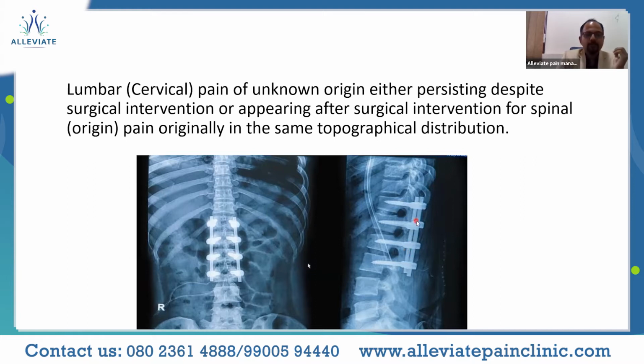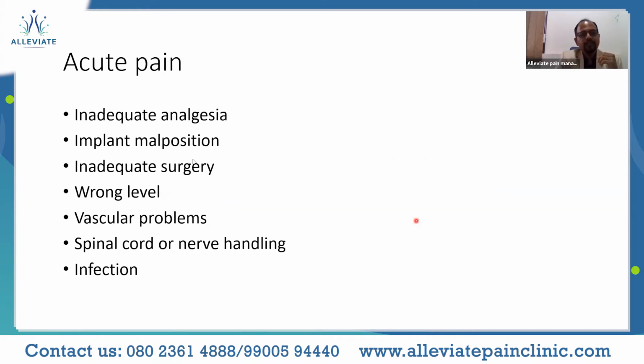All right, so that is the implant malposition that we are referring to. It could be because of inadequate surgery. What do we mean by inadequate surgery? Here it simply means that the surgery has not taken care of the primary problem, and it was not possible to evacuate the possible pathology completely, which leads to that inadequacy.